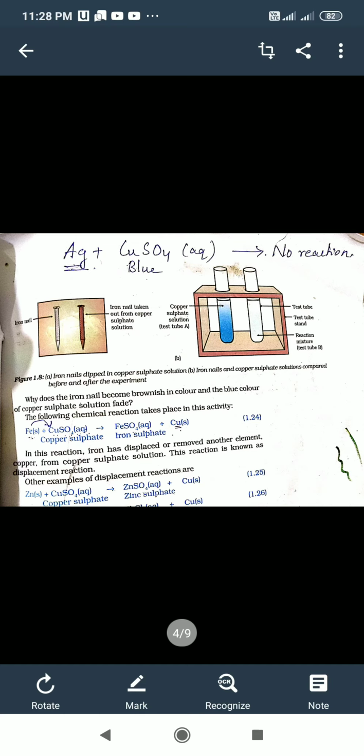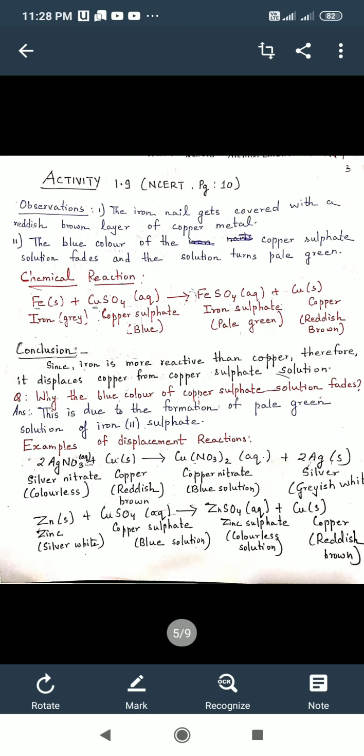The two observations of the activity are, number 1, there is a reddish brown coating of copper metal on the surface of the iron nail, and second, the blue color of copper sulfate solution fades and the solution turns pale green. Conclusion of the activity is that as iron is more reactive than copper, it displaces copper from copper sulfate solution.